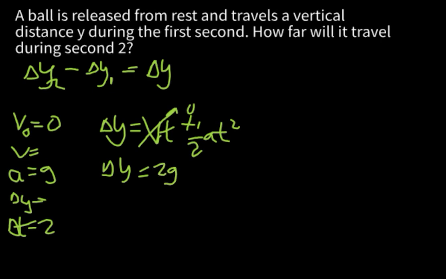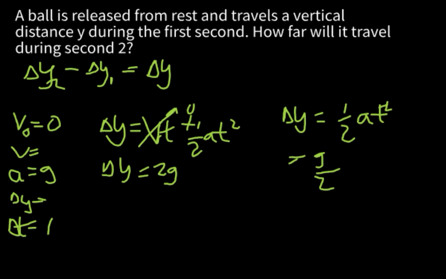Now we want to figure out what does delta y equal just for the first second. And now we're going to be looking at a time interval of 1 second. So now delta y, this term here still becomes 0, equals 1/2 at squared, and that equals g over 2.